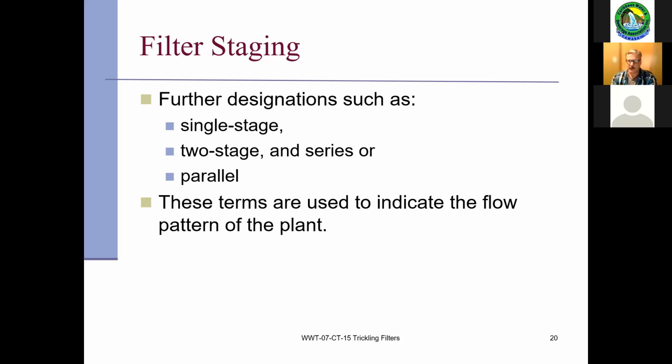The secondary filter would then be finishing up treatment and a little bit of polishing on the wastewater. If they're running in parallel, it's basically two systems side by side, and they both get the same loading and same treatment level, and you have the ability to take one of those tanks out of service if needed.